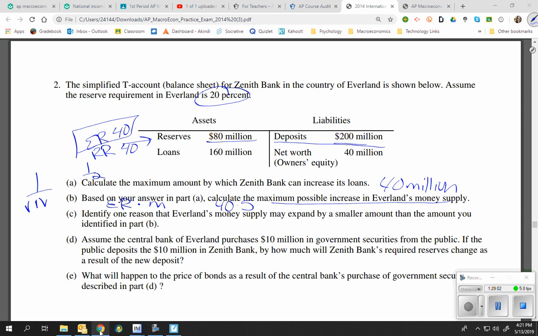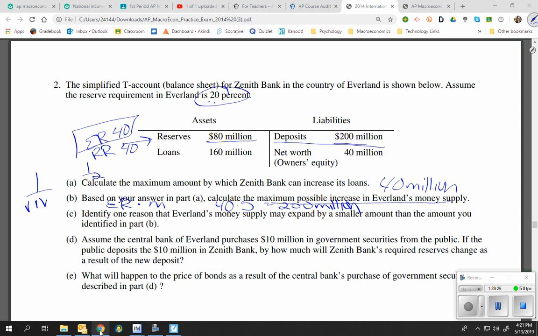Yes. I can loan out whatever's in my excess reserves, times the money multiplier. The RR is 20%, so it's 1 over 0.2. So 40 times 5 is 200 million. You can only loan out what is in excess reserves.